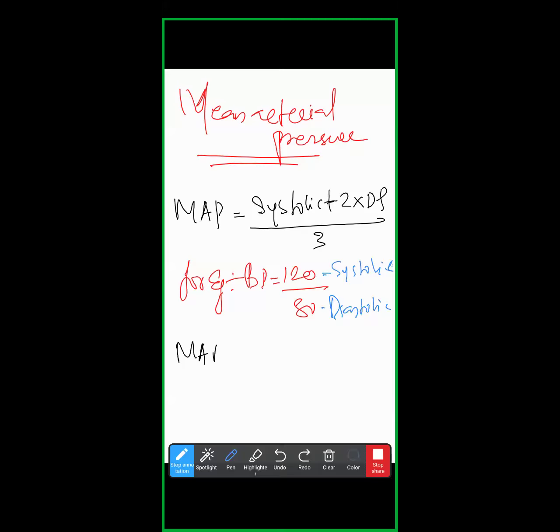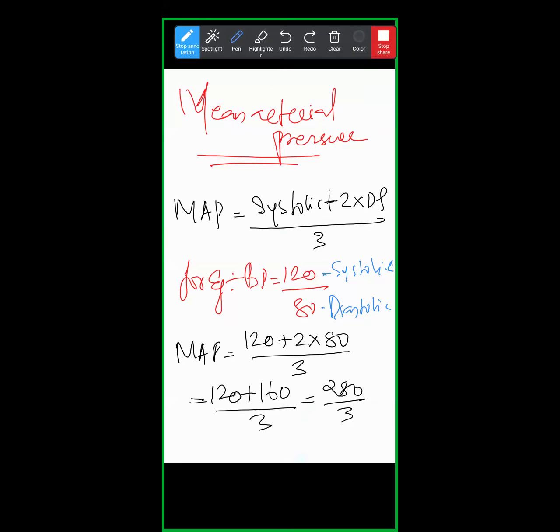MAP equal to 120 plus 2 into 80 divided by 3. That is 120 plus 160 divided by 3. That is 280 divided by 3. That is 93.3 mm of Hg.